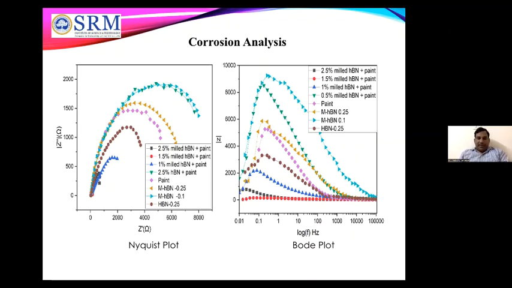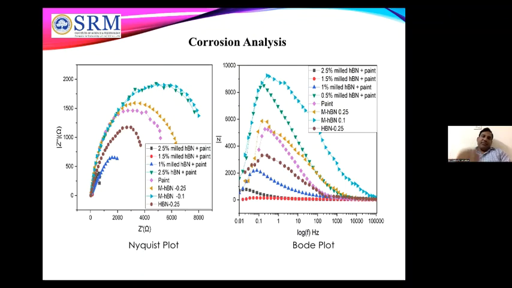But when we add only 0.1 or 0.2, 0.25, in that range, then we can see here that 0.1 means the mild HBN, and this is your pure HBN.